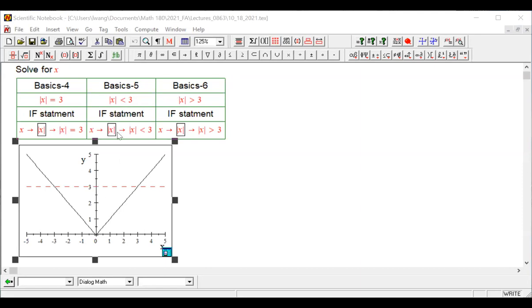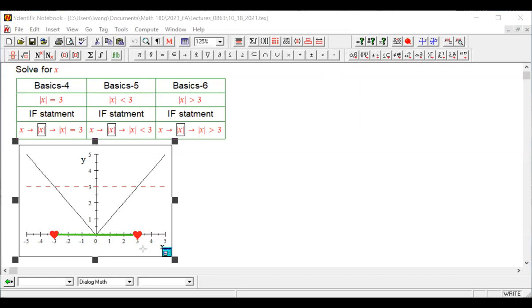So the solution to the first one is exactly negative 3 or exactly positive 3. For less than 3, the solutions are between negative 3 and positive 3. For larger than 3, the solutions are going to be what?